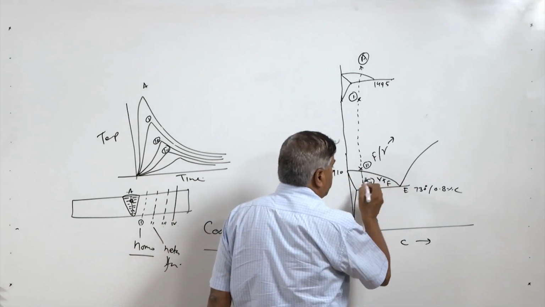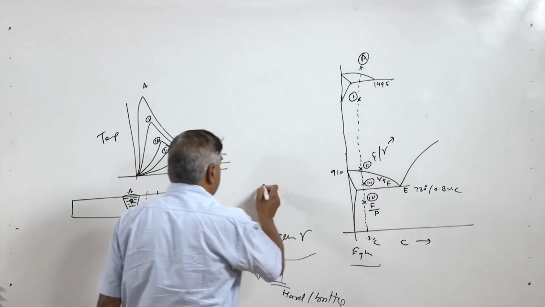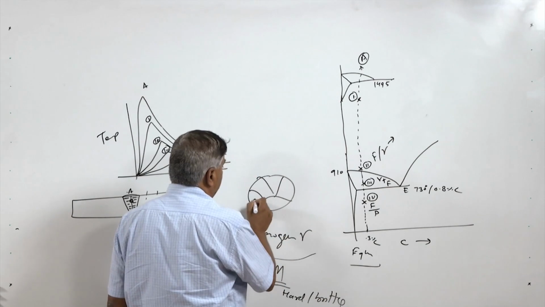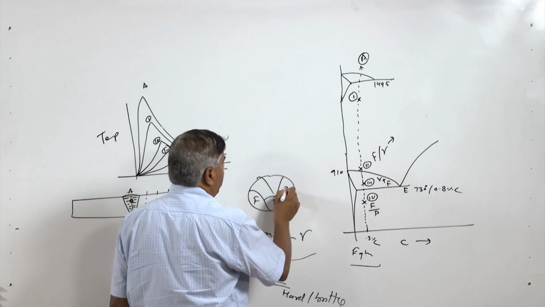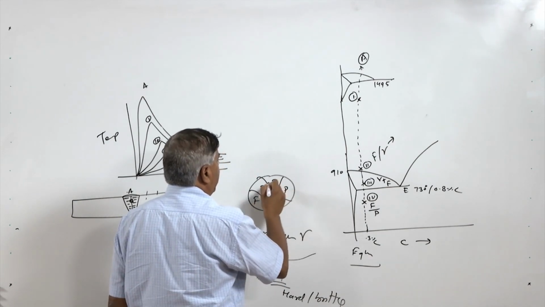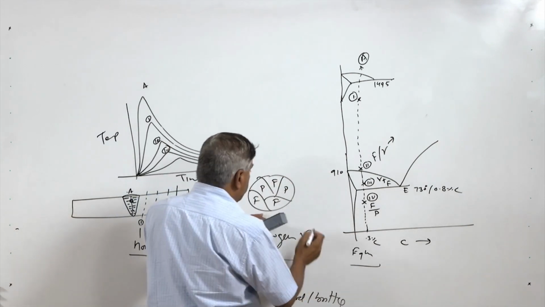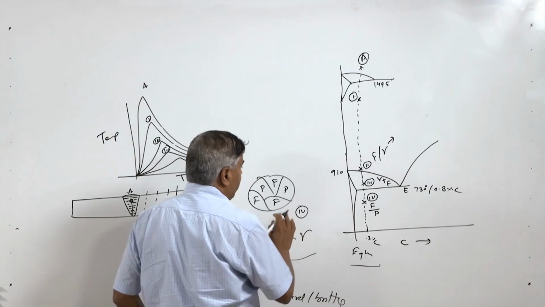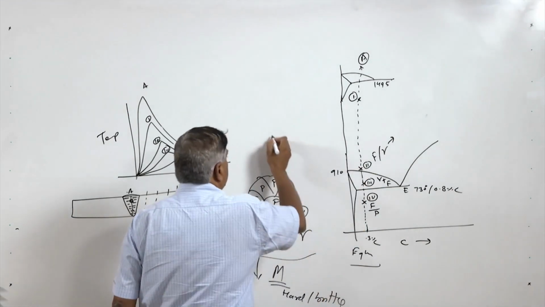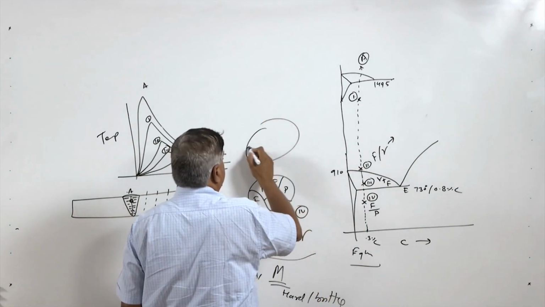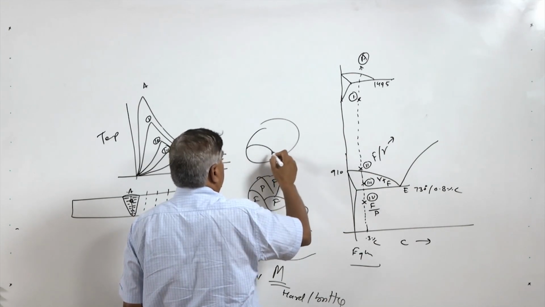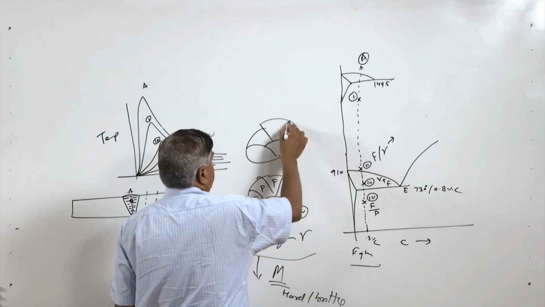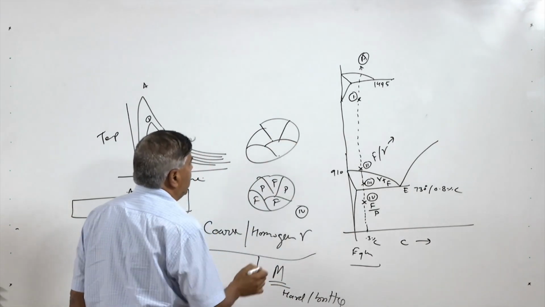And at point 3, consider this: ferrite, pearlite, ferrite. This is the situation at point 4, which is the base metal. When we heat it to point 3, all the grains corresponding to the pearlite will be transformed into austenite.